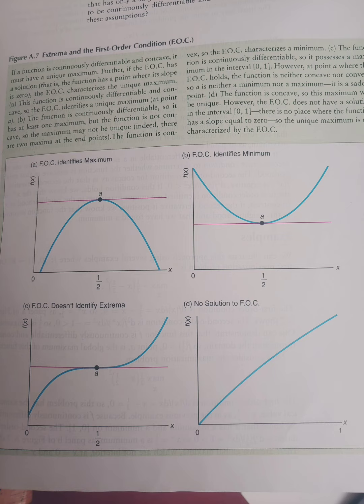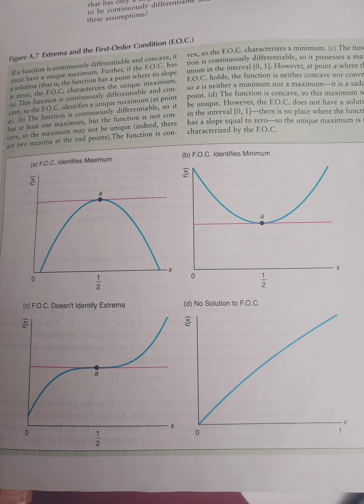If f(x*) is at least twice differentiable in a neighborhood of x*, we can use the second order condition to determine whether the function is concave in that neighborhood. The second order condition for concavity is that the second derivative of f(x*) with respect to x is less than 0.